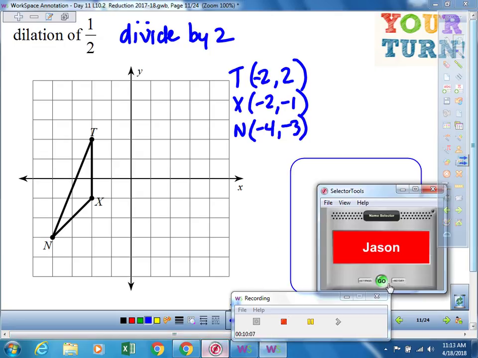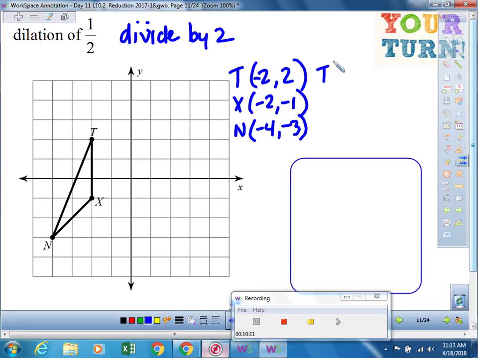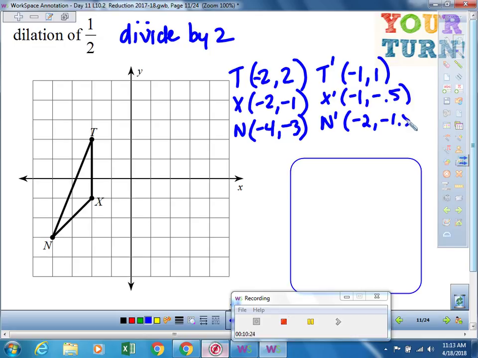Okay, and for your image, Salvador? Correct? All right, and then just plot them.